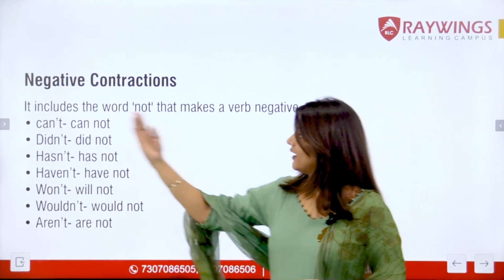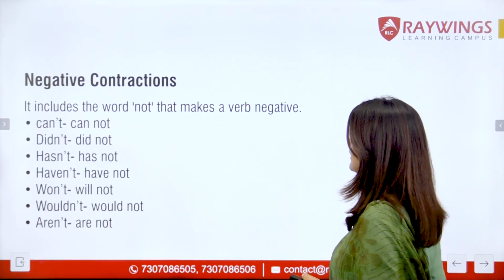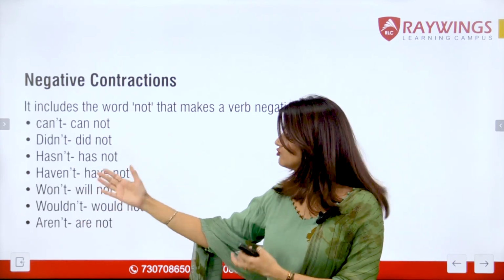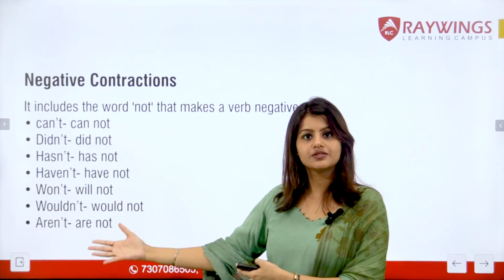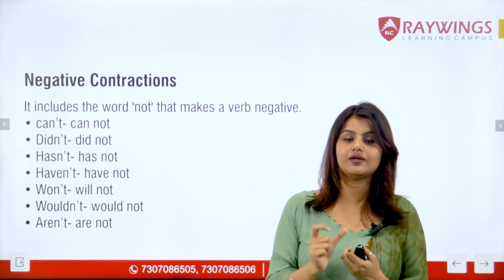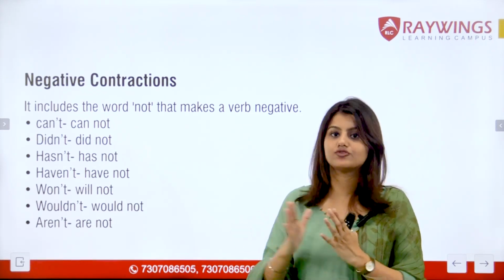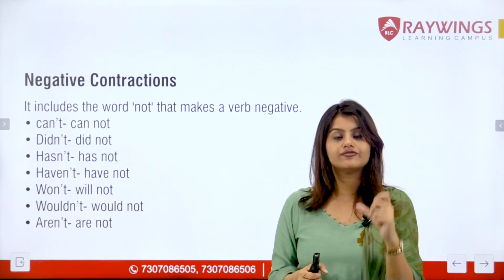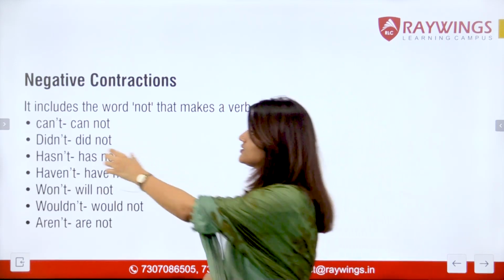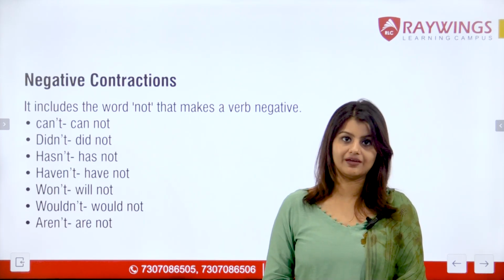So can't, didn't, hasn't, haven't, won't, wouldn't, aren't. So these are the words which have the word not in the contraction. It means basically they are the negative contractions, and you have to pronounce it the way it is written. आपको इसमें फिर n का sound prominent नहीं रखना है.